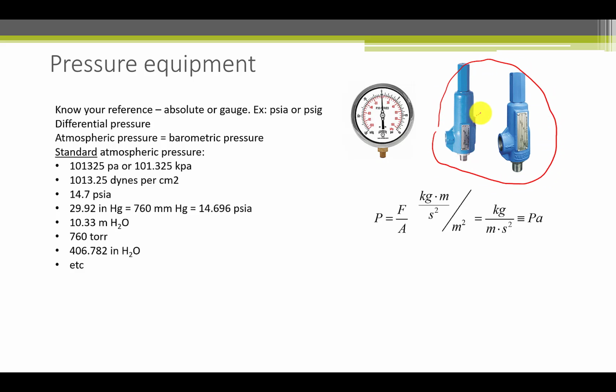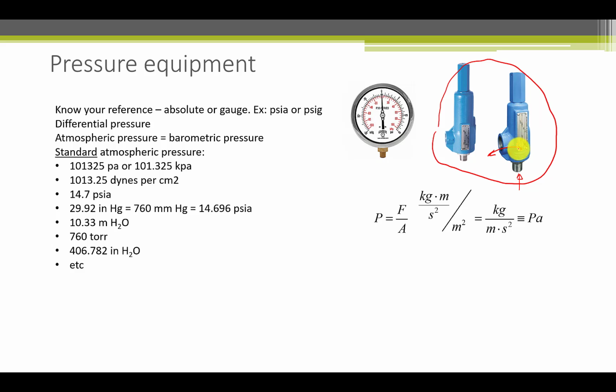Okay, the pressure equipment that we talked about, pressure gauges and relief valves. They're used to protect piping and pressure vessels and so forth. So when high pressure exceeds some value, these will spit out the excess pressure through this piping, which usually goes to atmosphere or another vessel. An important fact about these is that they are also differential pressure devices.